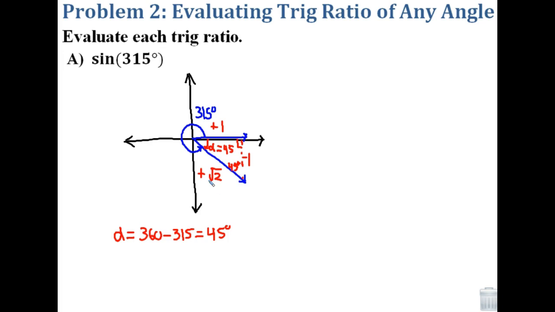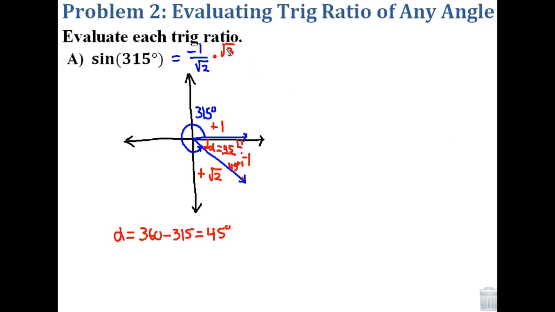Once we have this reference triangle set up, we're just going to evaluate the sine of this reference angle 45. Sine is opposite over hypotenuse, so opposite is negative 1 over hypotenuse root 2. So we get negative 1 over root 2, which we can rationalize.